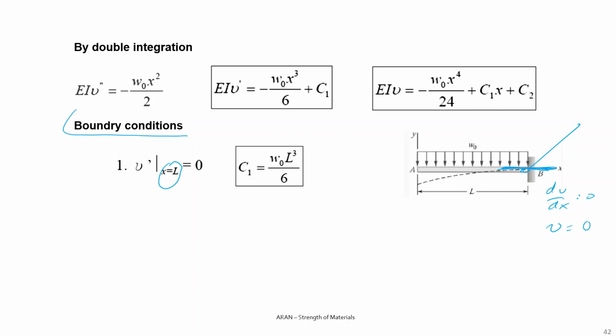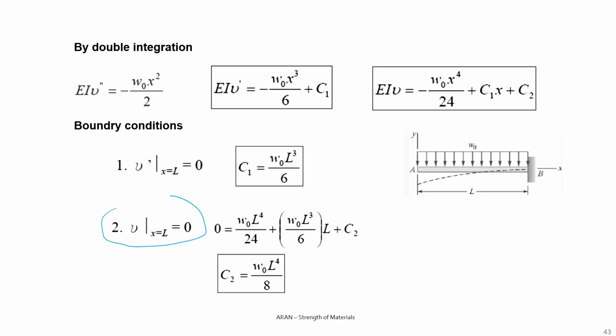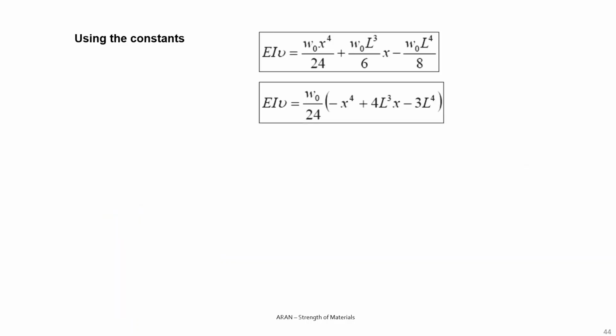With the help of the first boundary condition, I find C1. With the second one, where the deflection is also 0, I find the second integration constant. Using the constants, I have the deflection and the slope curves.